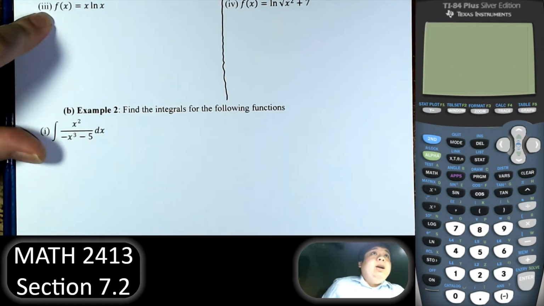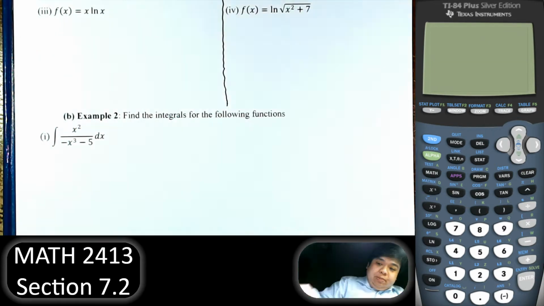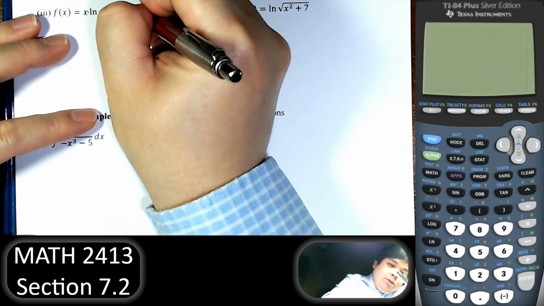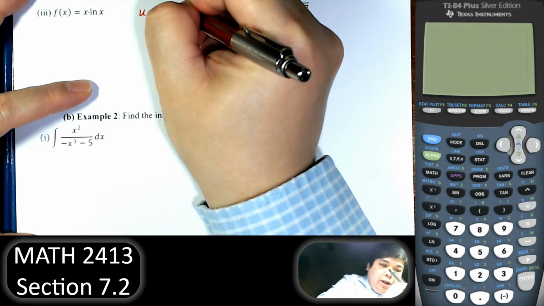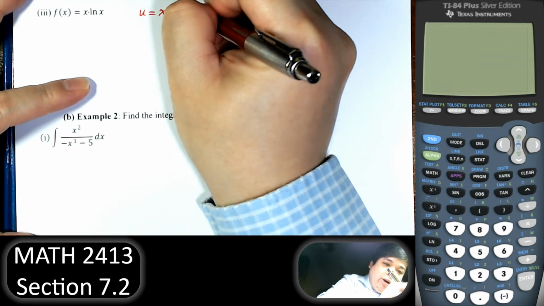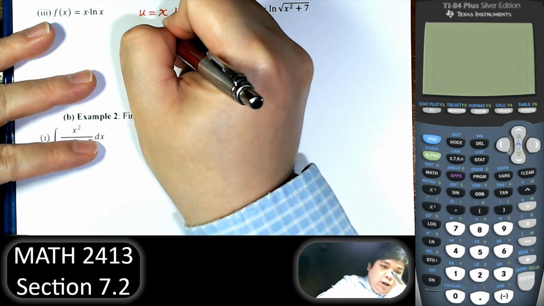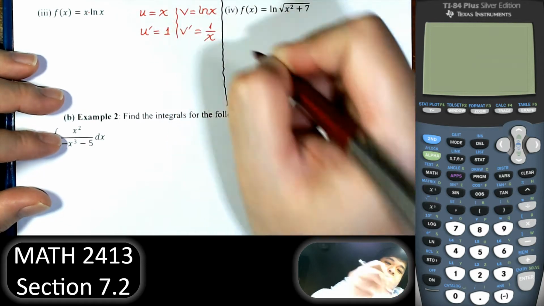More examples. The derivative of x times ln of x. Certainly we know the derivative of x, and we know the derivative of ln of x. Here we have a product, so we just use the product rule. So u equal to x, v equal to ln of x, u prime is equal to 1, v prime is 1 over x.